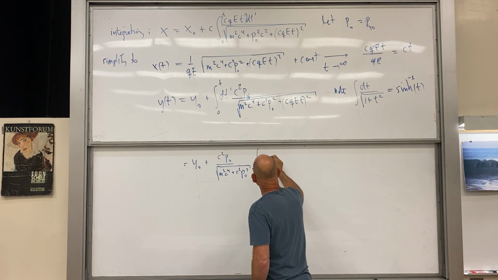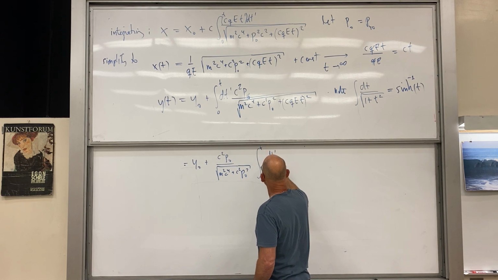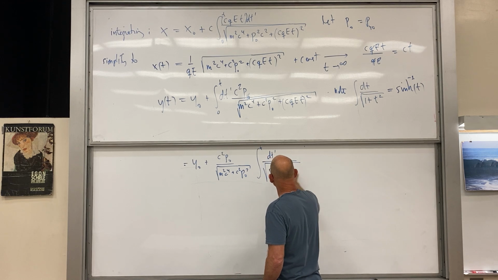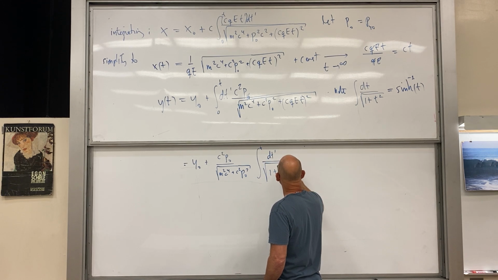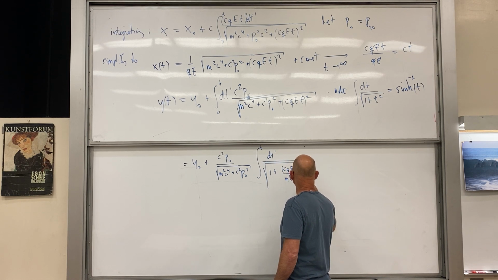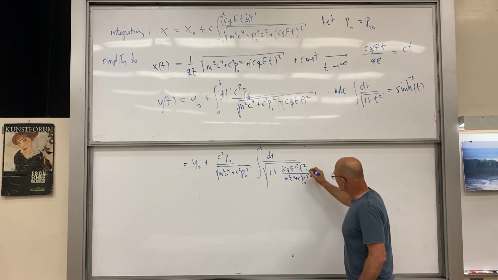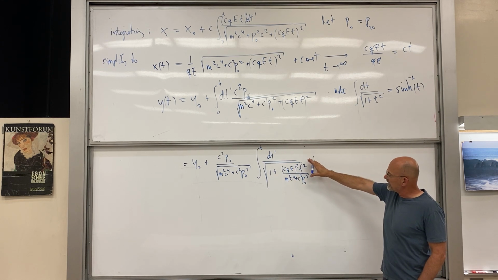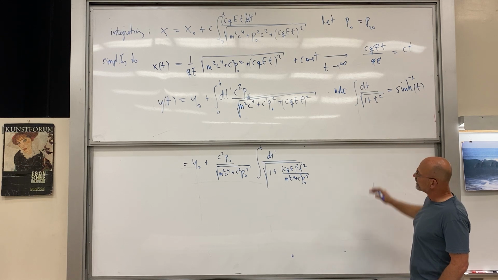And then we'd have our dt over root 1 plus c qE squared t prime squared over this m squared c to the fourth plus c squared p0 squared. Okay, good. Another substitution, and you've got it down to your simple inverse hyperbolic sine.